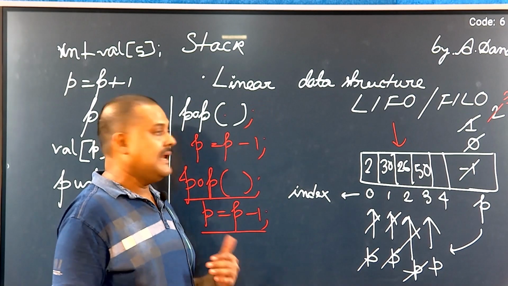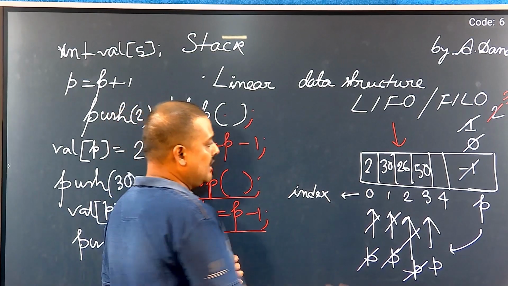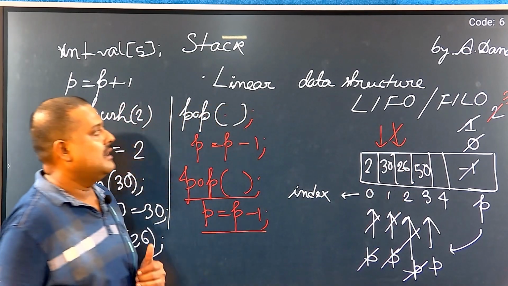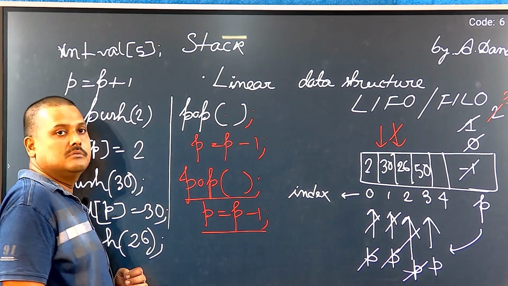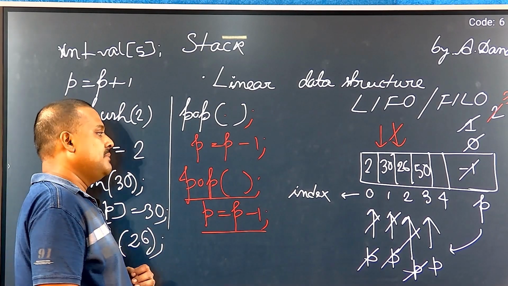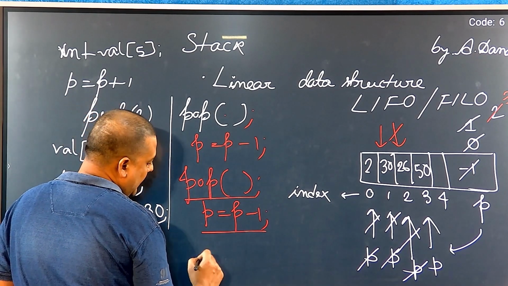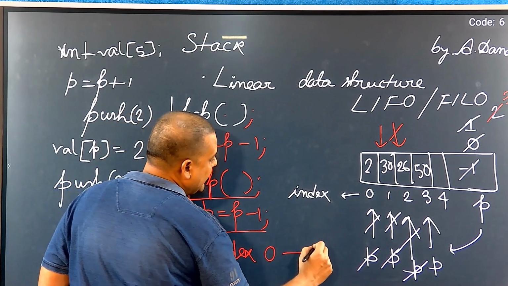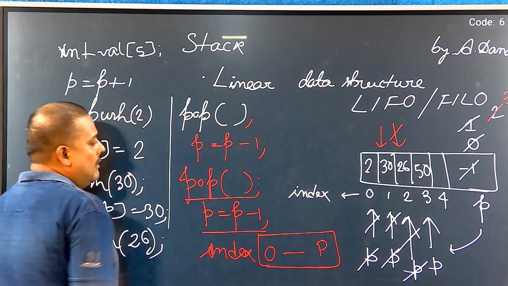So, at any point of time, if we want to show how many elements are present in my stack, that will be represented from index 0 to index p. Okay, thank you.